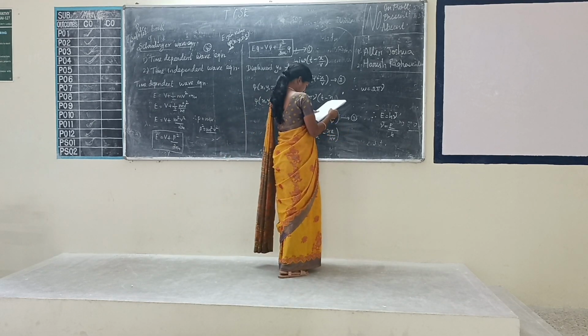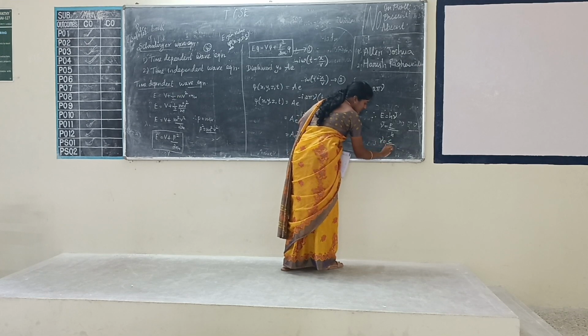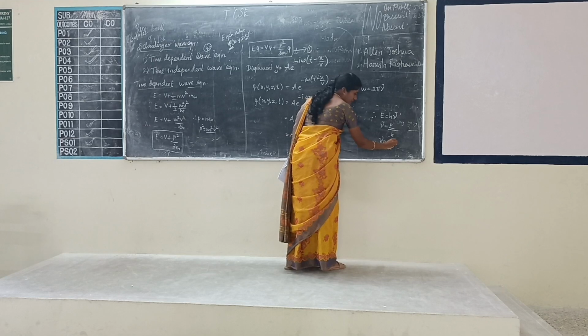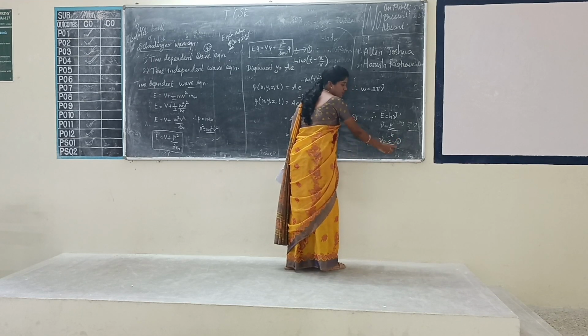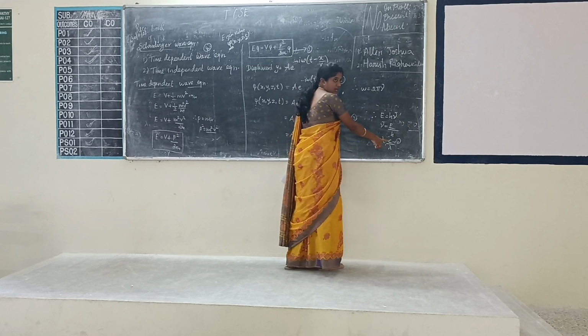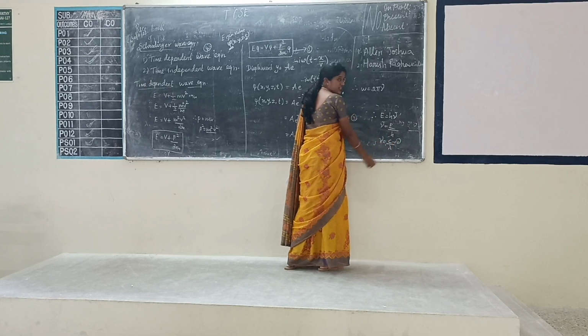Listen. Now another basic formula, nu equal to c by lambda. So instead of c we are substituting v, c is for wave and v is for particle.